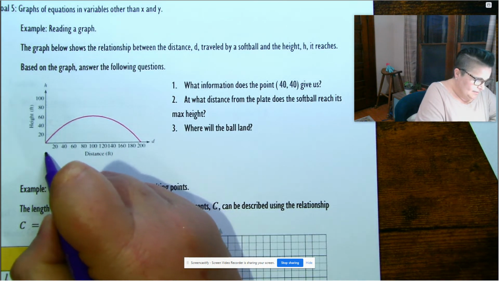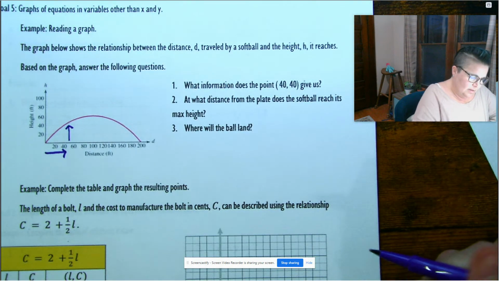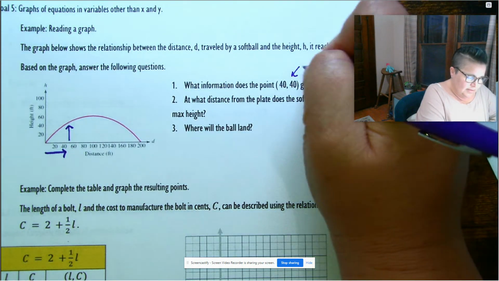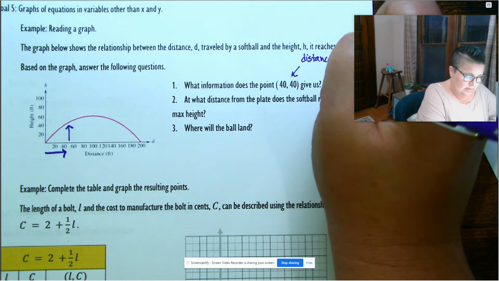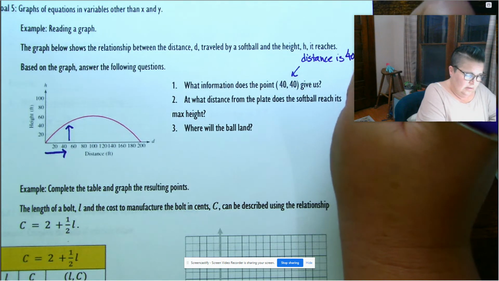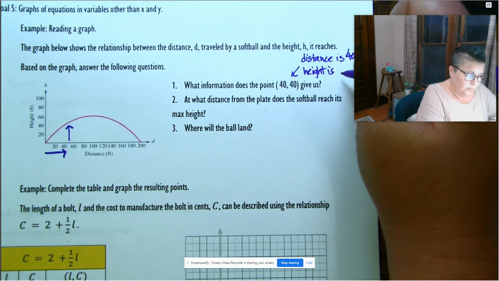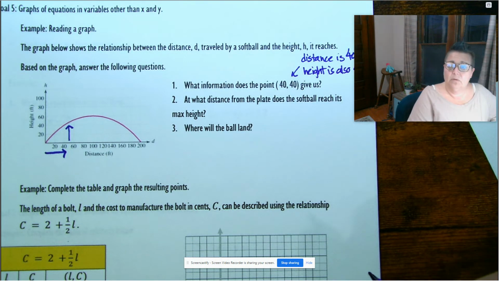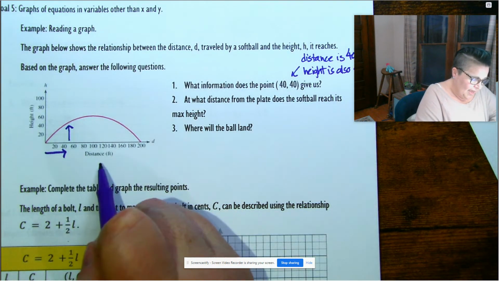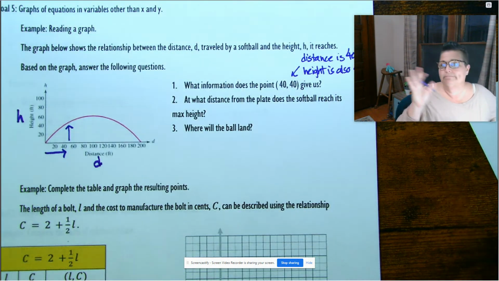If you look at it, 40, 40 basically tells us that at a distance of 40 feet, the height of the softball is also 40. Okay, so it's basically just giving us the distance and the height, only instead of x, we're calling it d, and instead of y, we're calling it h.